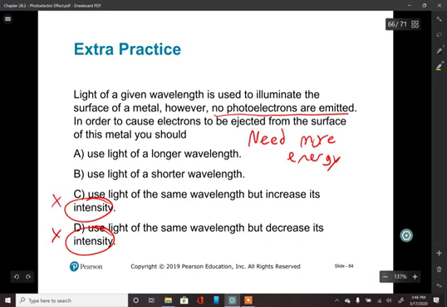Those are out. Between A and B, we need E equals hf to go up, which means we need a higher frequency. But because of the relationship between speed, frequency, and wavelength, a higher frequency corresponds to a shorter wavelength, so it should be B.